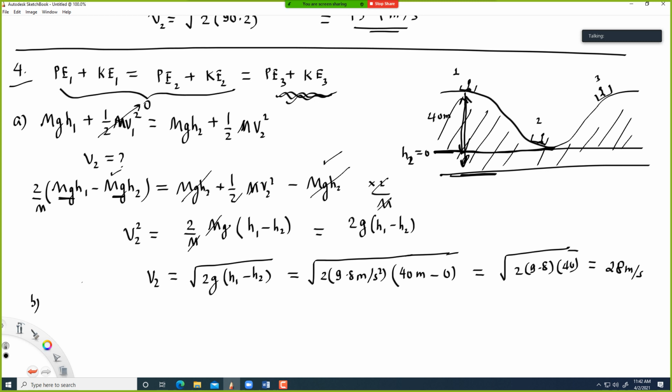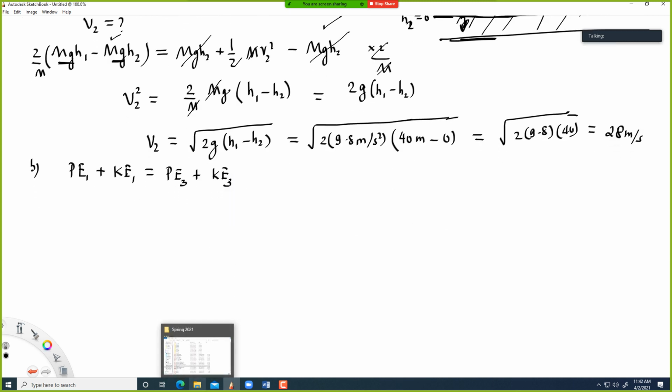You can equate this one with this one, or this one with this one, whichever you want. I'm going to equate that with the first part. So I'll use PE1 plus KE1 is equal to PE3 plus KE3. We are looking for H3 here.